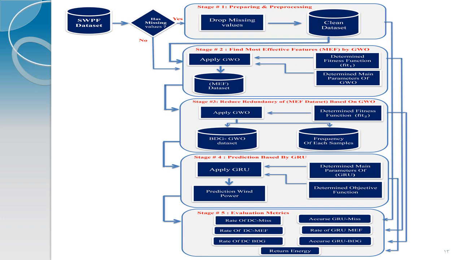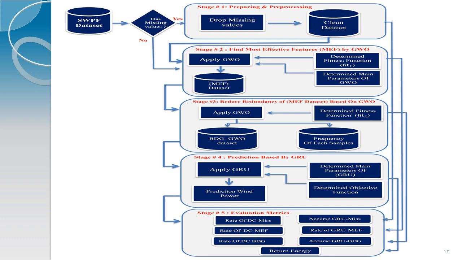In the third stage, we reduce the redundancy of the most effective feature dataset by the Grey Wolf optimization algorithm, so the output of the second stage, the most effective feature dataset, is entered as input for the third stage, and the Grey Wolf optimization algorithm is applied to it after specifying the fitness function and main parameters for the algorithm.